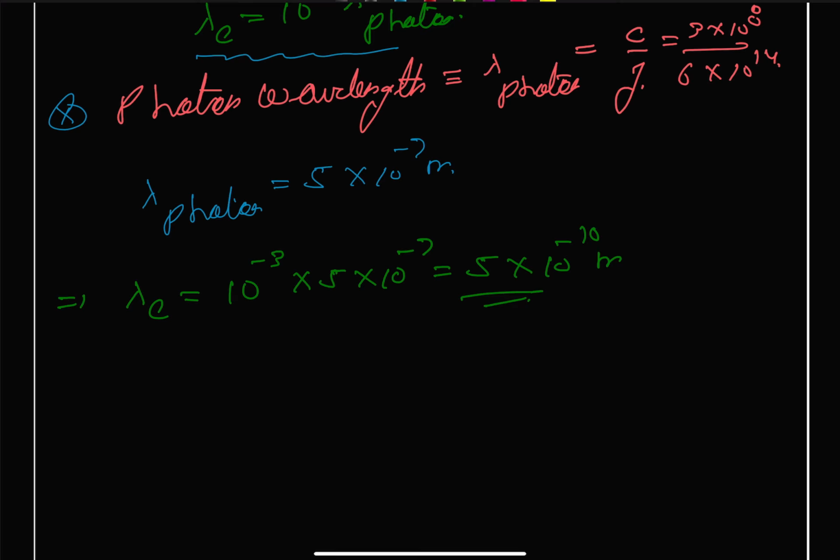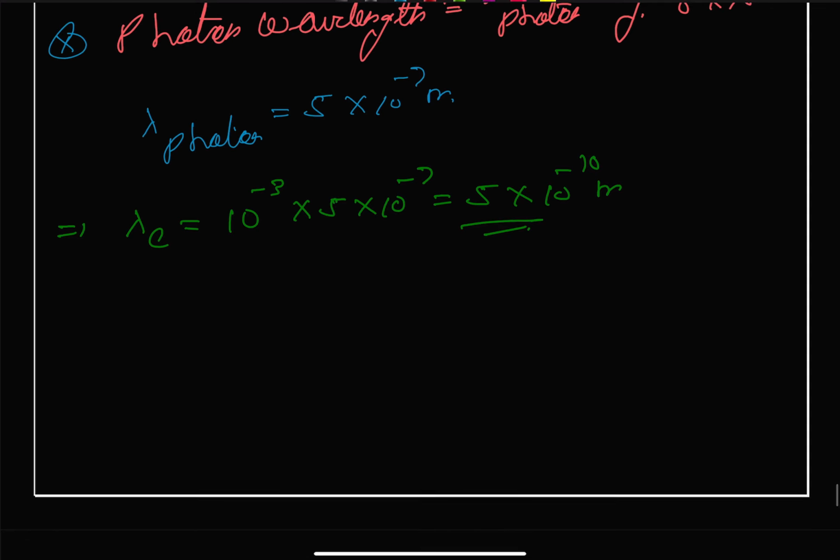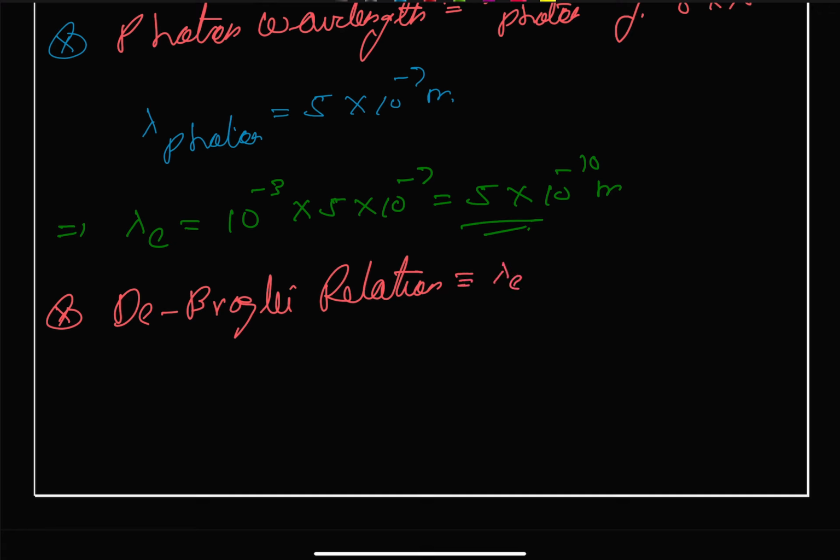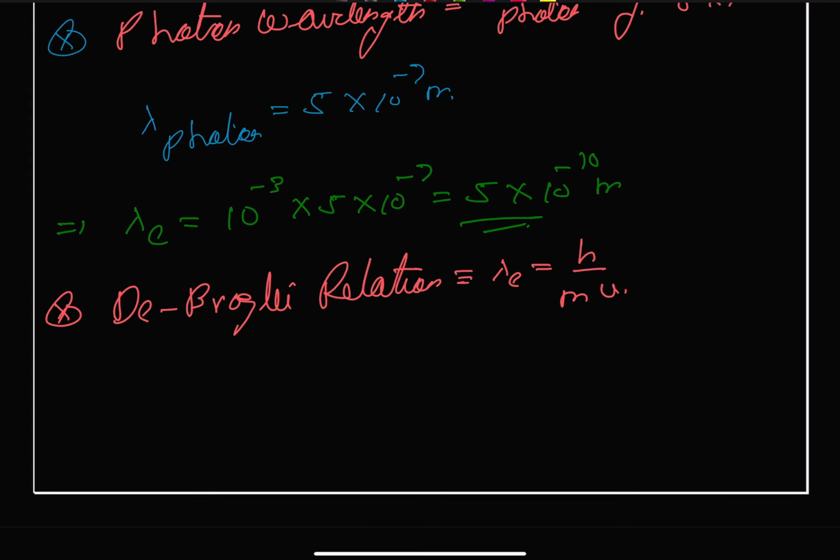Now we can use our de-Broglie relation, which gives us that our lambda E is equal to h upon mass into velocity. So from here we can say that our velocity is equal to h upon mass and wavelength.